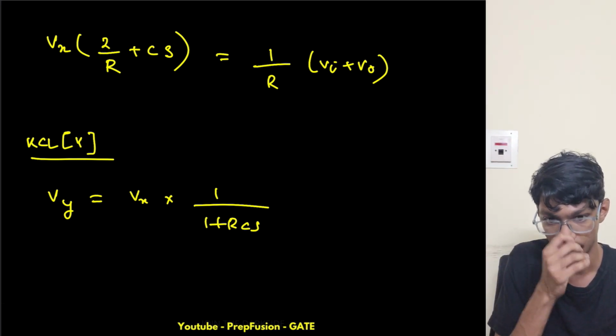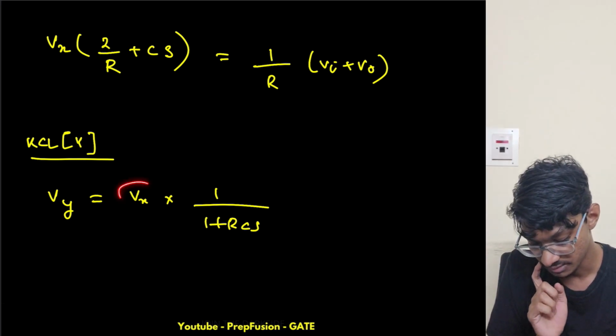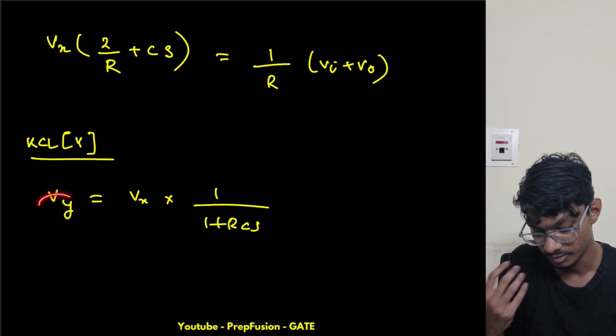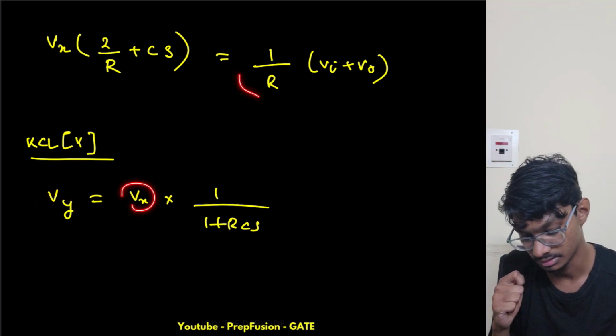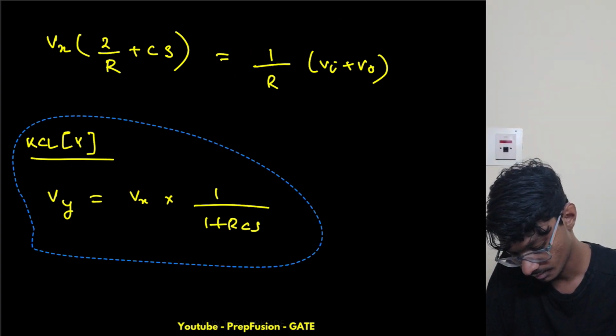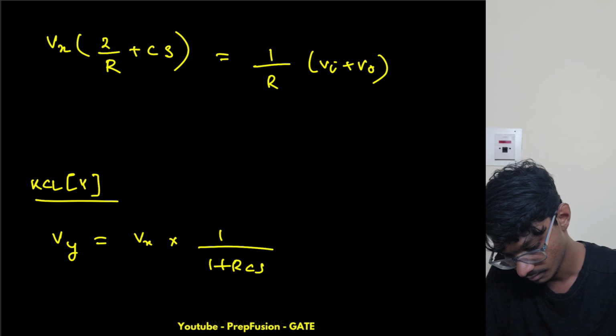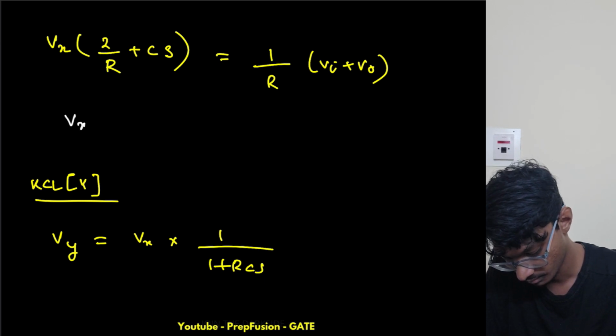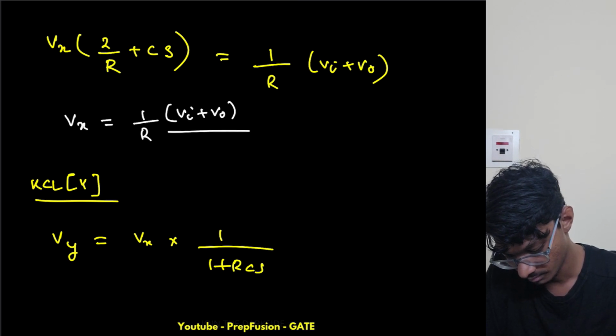So what I can do is simply replace this Vx, and Vy is Vo only, with this term, right? Let me first, okay, this R is in the bottom, right?